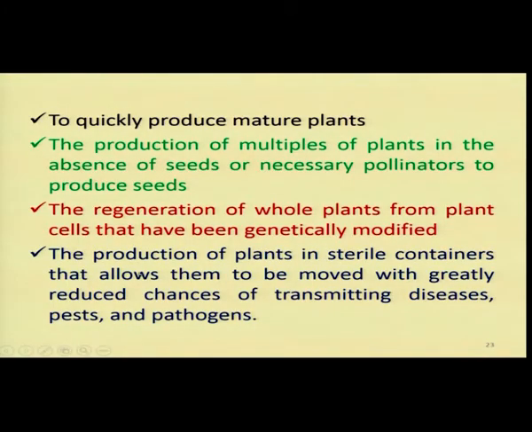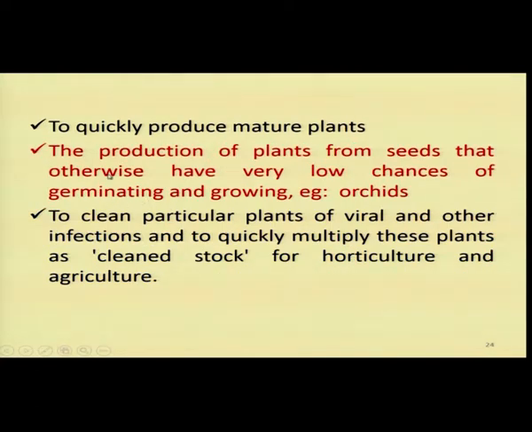Then regeneration of whole plants from the cells which have been genetically modified, the production of plants in sterile containers that allows them to be moved with greater reduced chances of transmitting diseases, pests, and pathogens, the production of plants from seeds that otherwise have a very low chances of regerminating, for example, orchids.